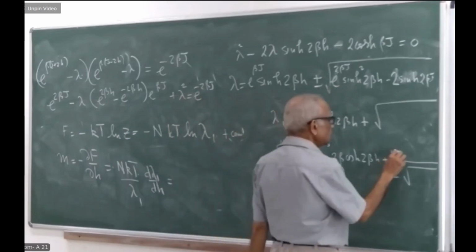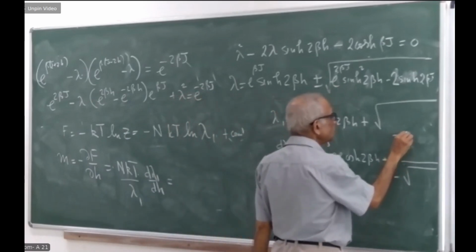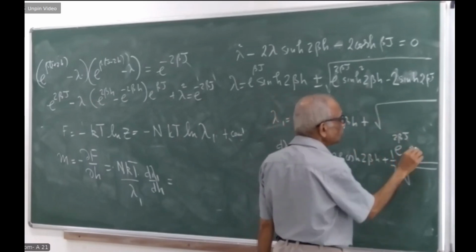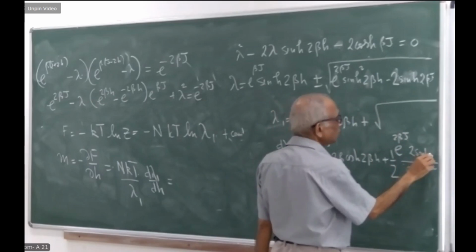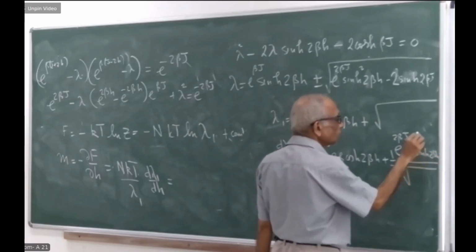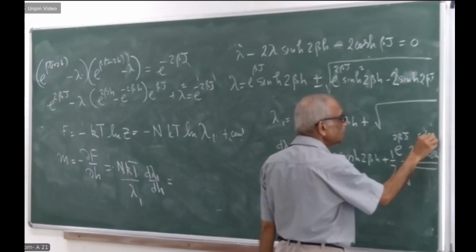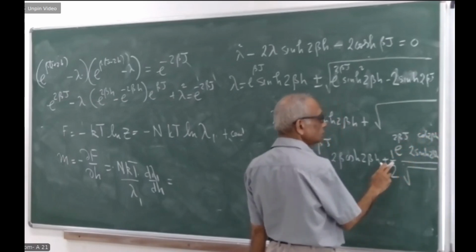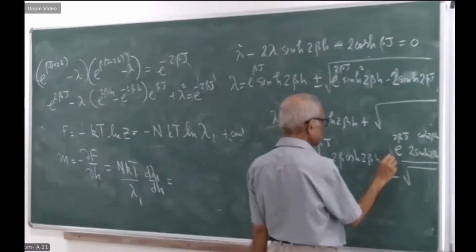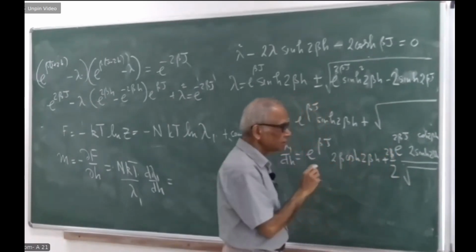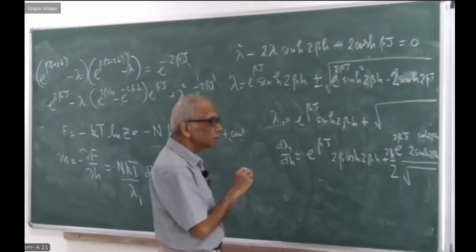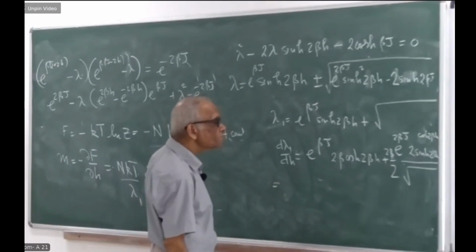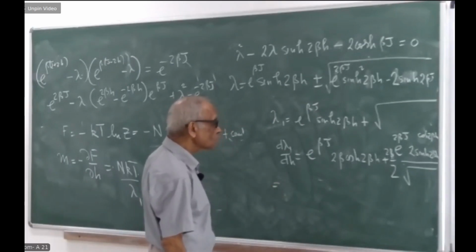So it is e to the power 2 beta J, and then it is 2 sinh 2 beta h cosh 2 beta h into 2 beta. This is equal to, this is del lambda.